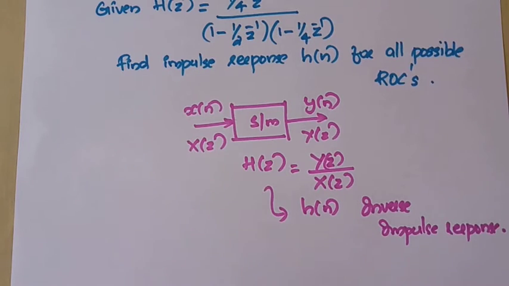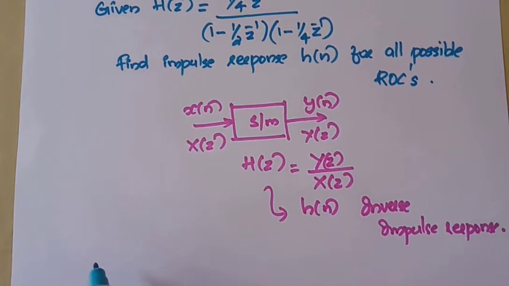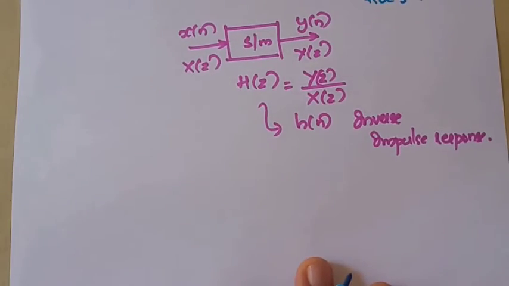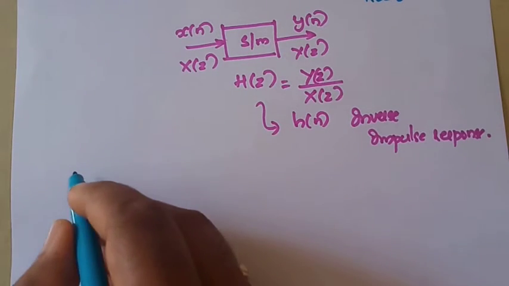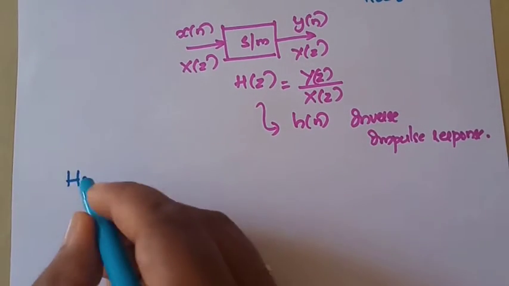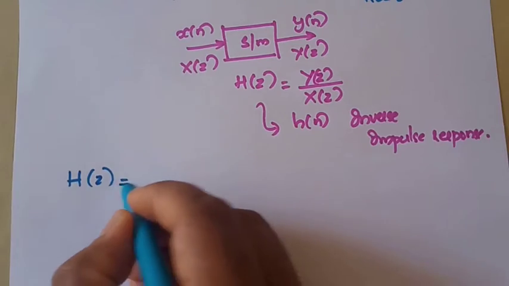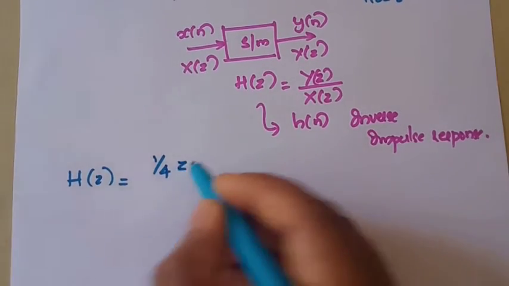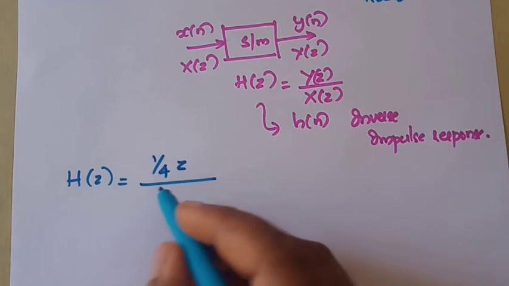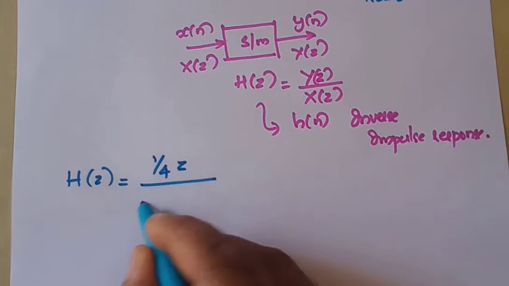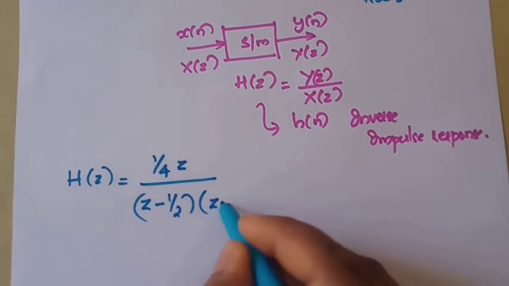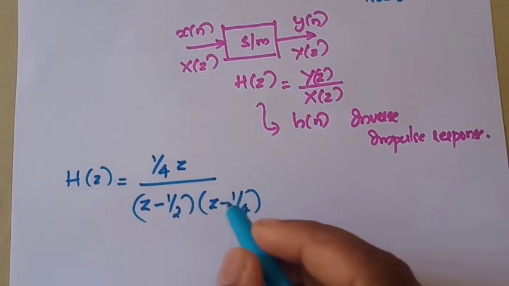Let's write the system function of the given problem. H of z equals 1 by 4 z whole divided by z minus 1 by 2 whole into z minus 1 by 4.